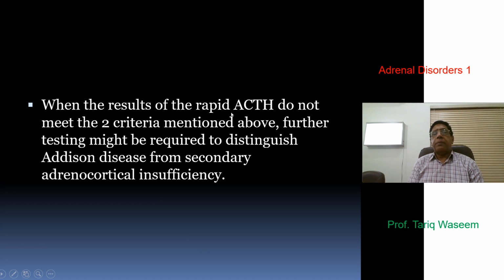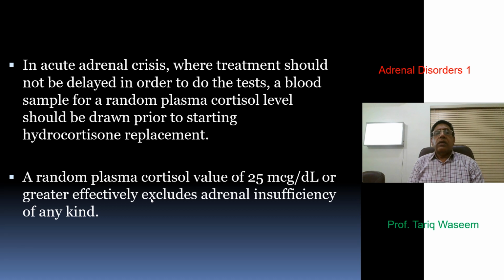When the results of the rapid ACTH test do not meet the two criteria mentioned above, further testing might be required to distinguish Addison disease from secondary adrenocortical insufficiency, which means that you may have ACTH unresponsiveness. In an acute adrenal crisis, where treatment should not be delayed in order to do the test, a blood sample for random plasma cortisol level is obtained, and the patient should be started on the required hydrocortisone replacement.